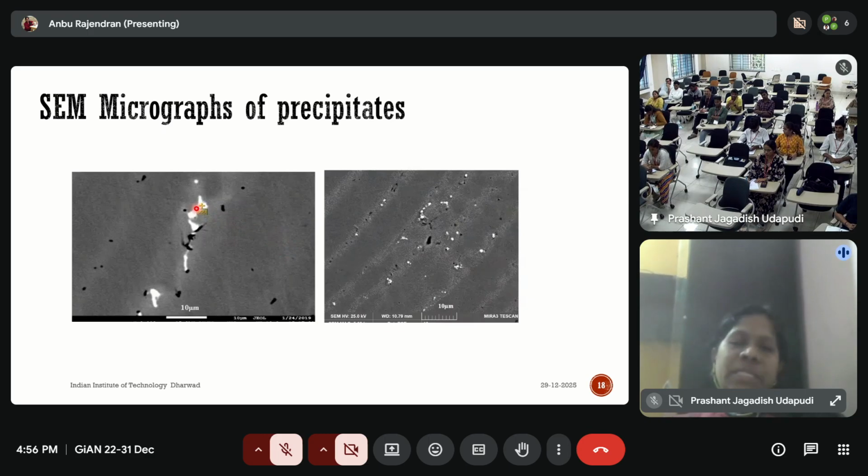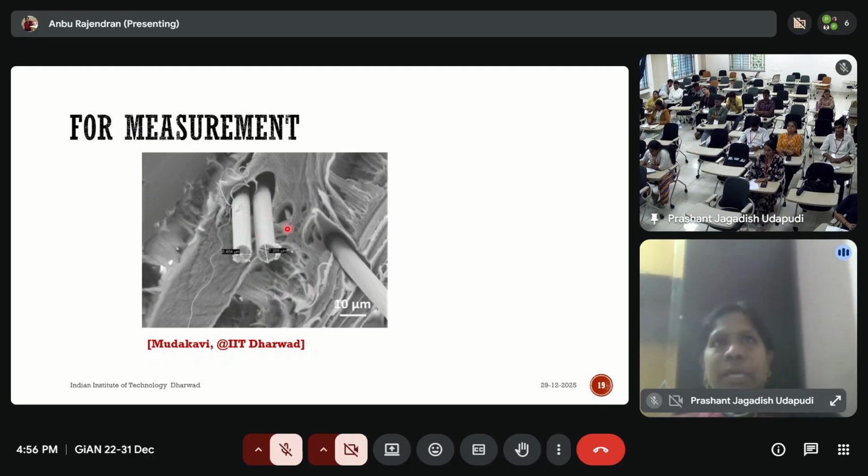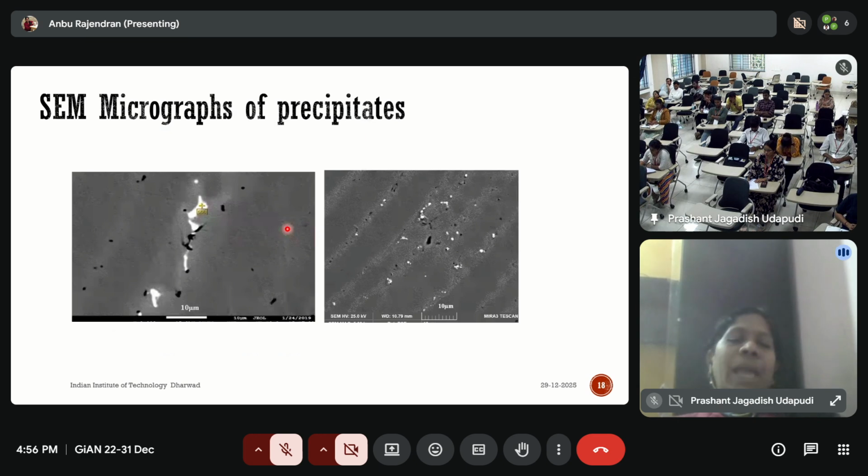In case there are precipitates, you have to go for the backscattered electron mode, where phases or features having density differences can be clearly distinguished. If you are just looking at a feature, you can go for the secondary electron mode. So either secondary electron mode or backscatter electron mode will serve the purpose of taking the images.